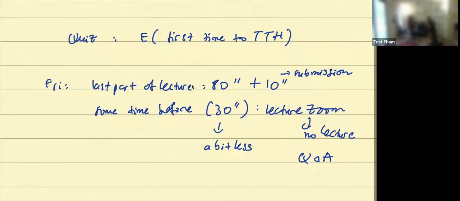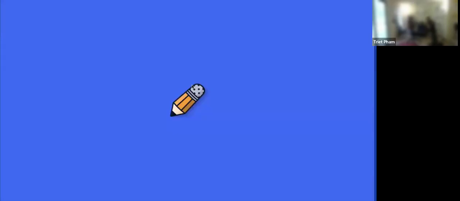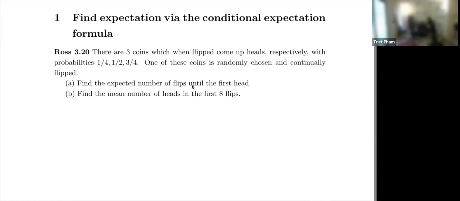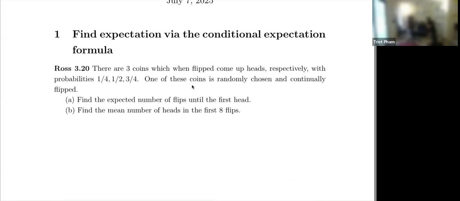All right, let us take a look at the problem set. So let's take a look at this one.